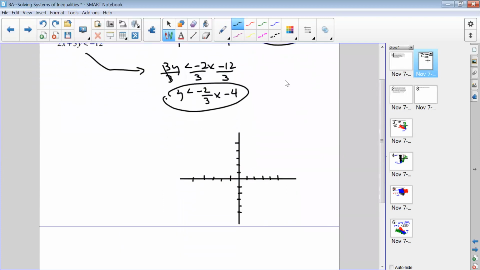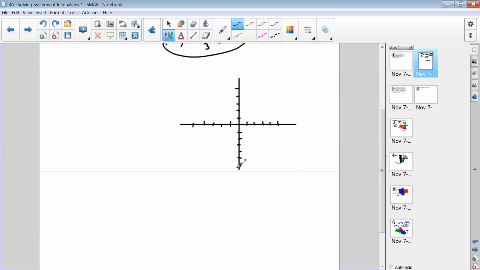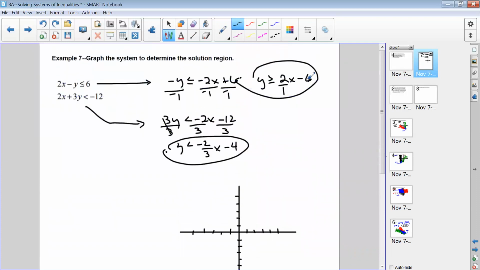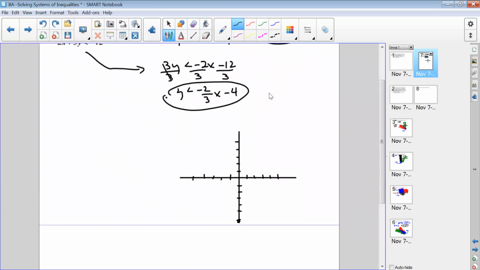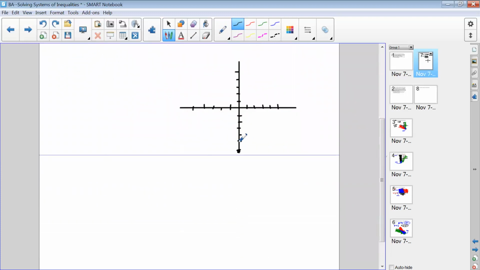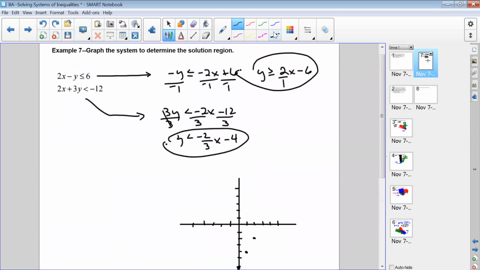So I'm going to go down to negative 6 and plot my intercept, because negative 6 is my y-intercept. And from there, I'm going to plot increase 2, increase 1. Increase 2, increase 1. And this equation was greater than or equal to, so therefore we will have a solid line.